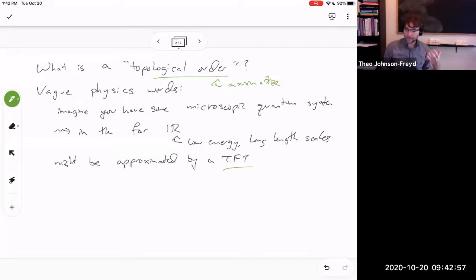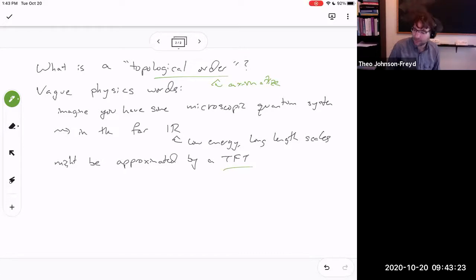When I say quasiparticle, it's because physically you might have a microscopic description that has some particles, but in the far IR, they might compile into larger, more complicated particle-like objects that then, in this kind of effective theory, behave like particles, or strings, or whatever they may be.